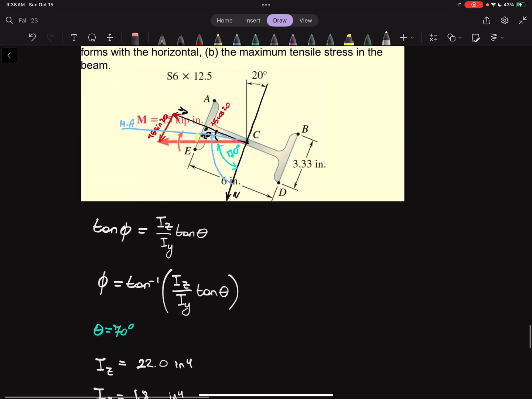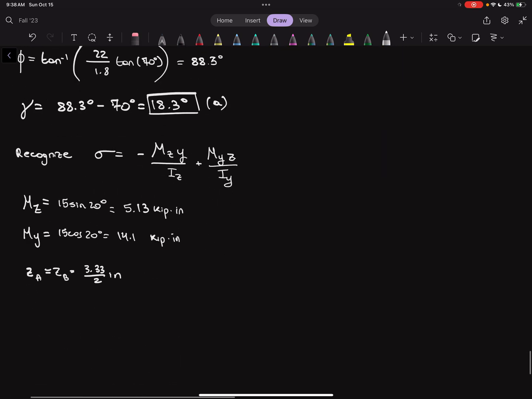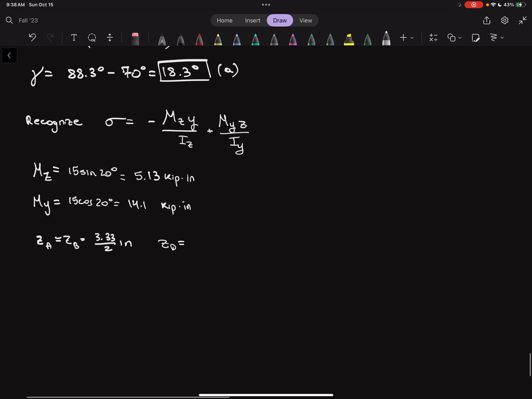Then we see that ZE and ZD are the same, and they're the same thing but positive. So those are negative, my bad.